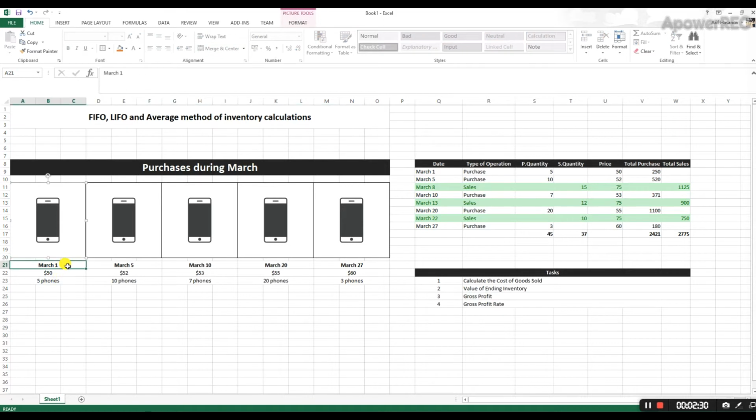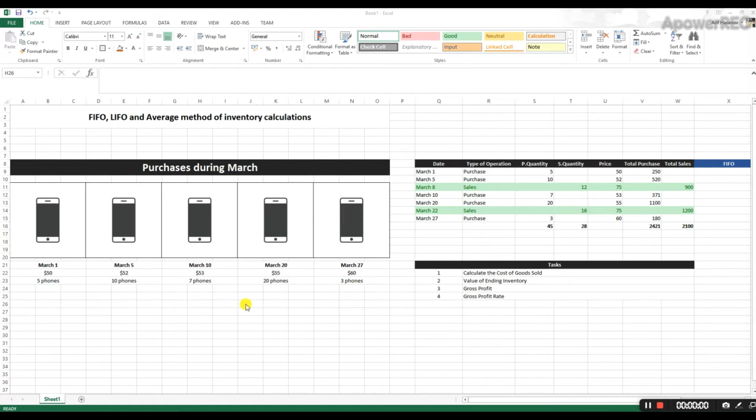Just take a look at this chronology. On the 1st of March you bought phones at one price, then at a different price, and all of them had different prices. So the question is, if I want to sell a phone, which phone should I sell? Should I sell randomly from these, or should I follow some sequence, like first selling the ones I bought first, or selling the ones I bought last?